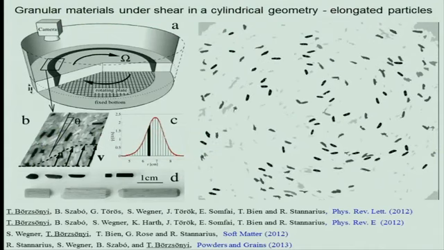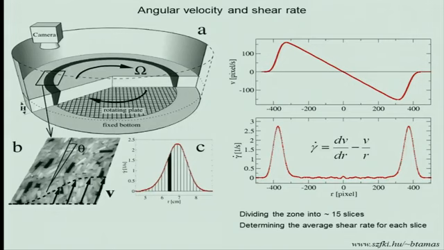What I want to show first is the shear rate dependence of the average alignment angle of the particles. To measure this as a function of the shear rate, we use different rotation rates for this rotating plate. Plus, we take advantage of the fact that the shear rate is not constant in this region.